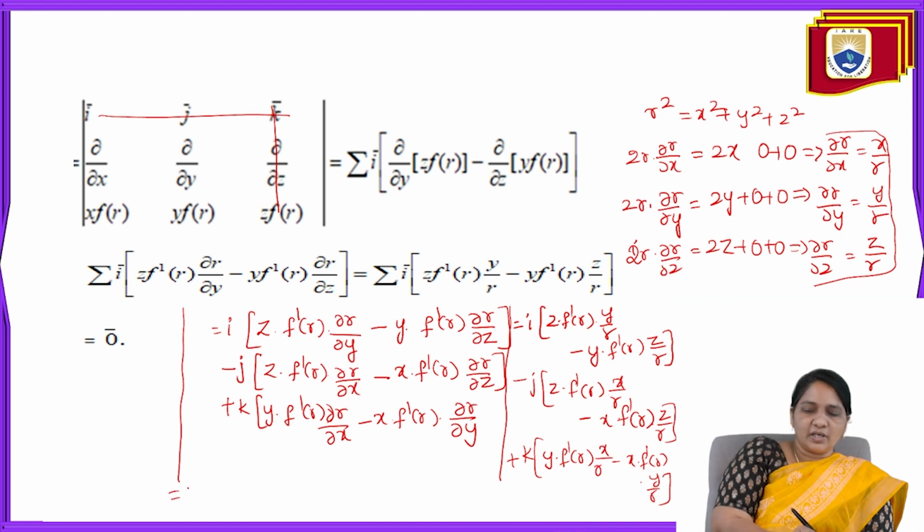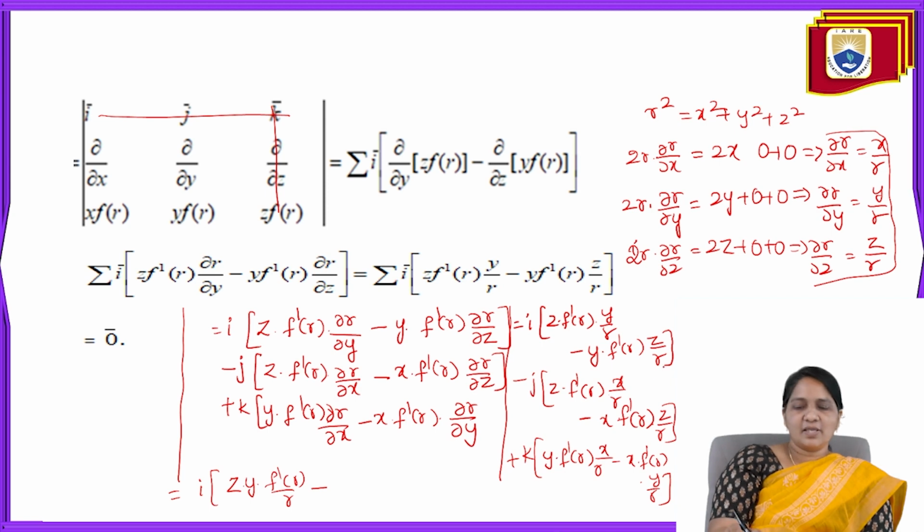Now finally we are calculating. So here the first term is i into z f'(r) by r minus the same y z f'(r) by r. So nothing but, this value is, so the first value is 0.